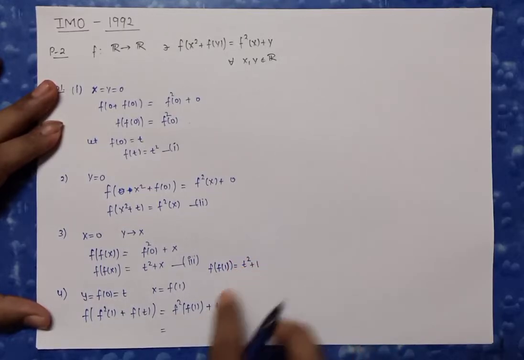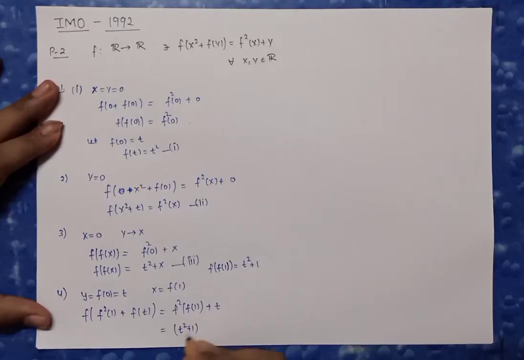I am going to use this over here because I am squaring it, so (t square plus 1) whole square plus t. Now let's call this equation number 4.